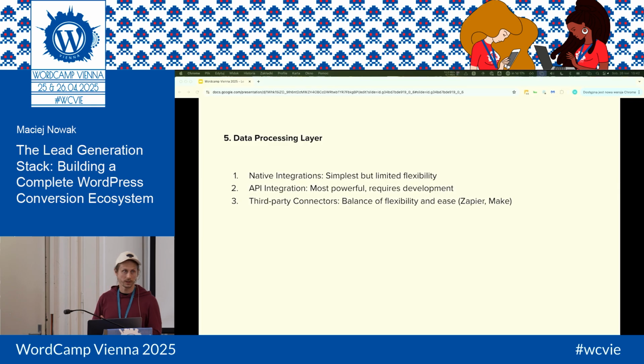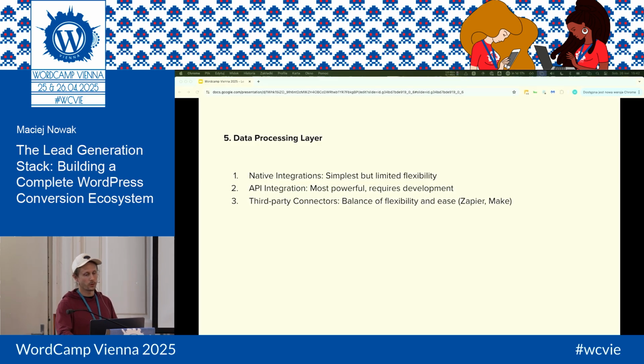It obviously requires more work, but you have full control. And then there is a hybrid method, the third option, which is to use automation with Zapier or Make. You can glue this together and get similar results without having to hard code. This is like a low-code solution with Zapier.